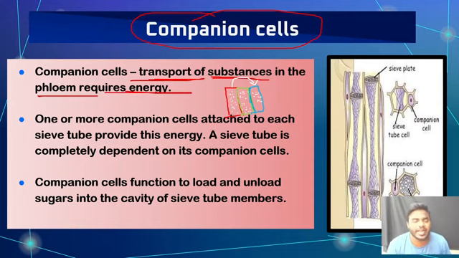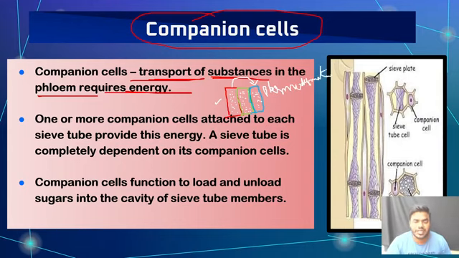Now you will get one question. What is that question? How is this companion cell associated with the mesophyll, and how can the companion cell be associated with the sieve tube element also? Because, friends, it is linking both, right? I want you people to remember, it is just with the help of plasmodesmata.